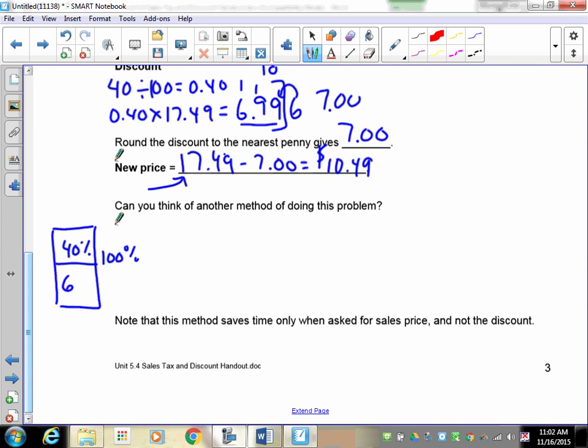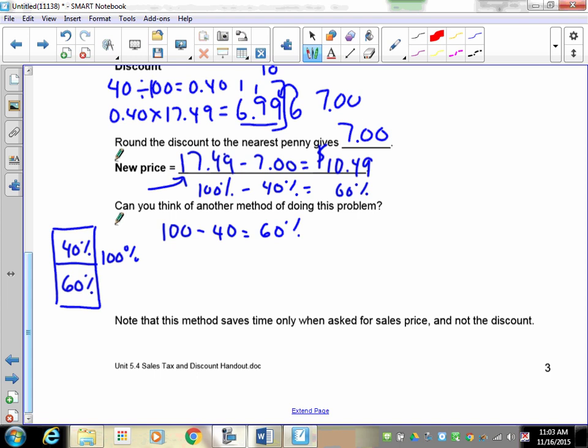That means that down here, after you take off the 40%, now remember, this is the 40% here. This is the 100% here. That means this is actually 60% of the original price. So you could do the subtracting first. You could go 100, take away the 40, means I need to find 60% of the number.